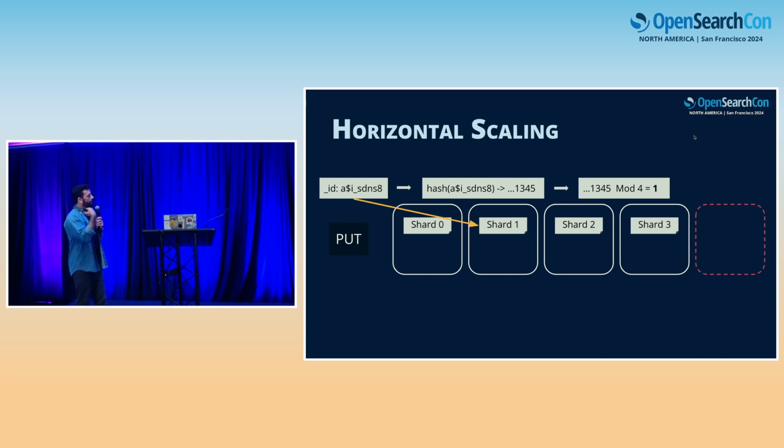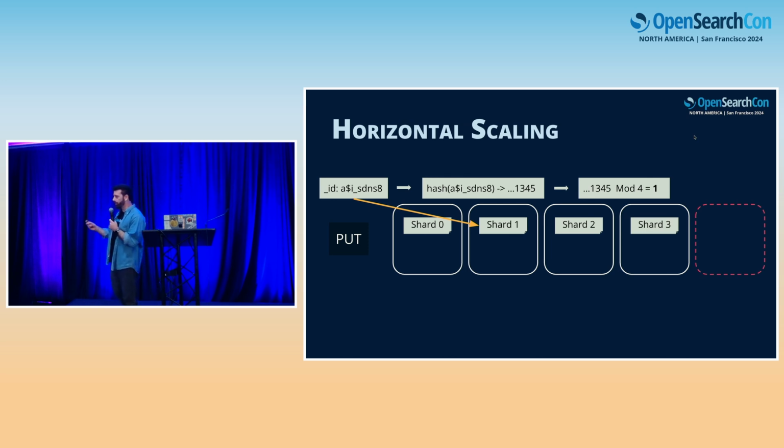And the way a certain document is going to arrive at a certain shard is hash mod n, n being the number of shards. And this is good because we can retrace our steps and we can find that document in the particular shard. In this example, hash mod n leads us to shard number 1. Okay, so our document goes into shard number 1.